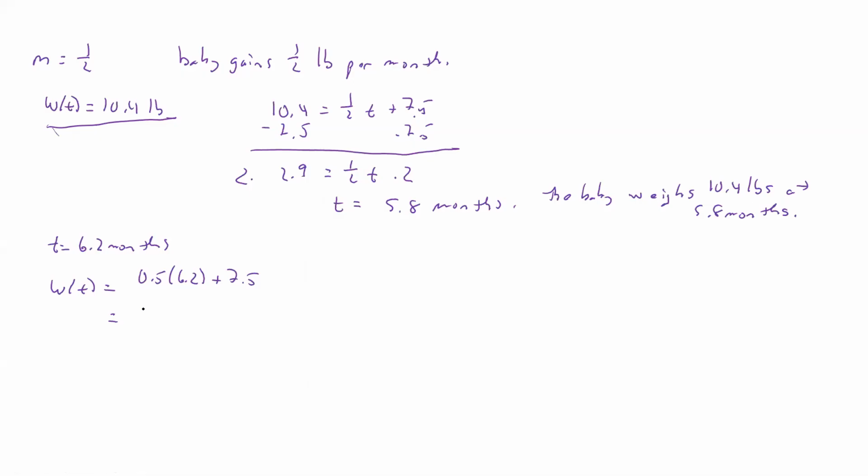And so we get 10.6 pounds, okay? So, pretty close, and we would expect that because at 5.8 months, it was 10.4, so just a little bit further, we get the 10.6 pounds at 6.2 months. Okay, so that's what we get for that answer and where it comes from.